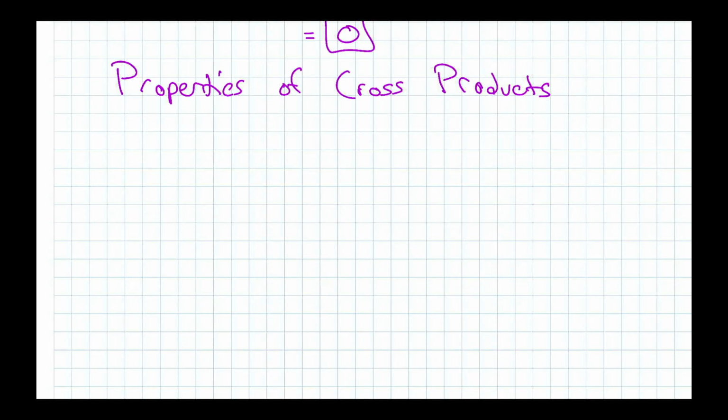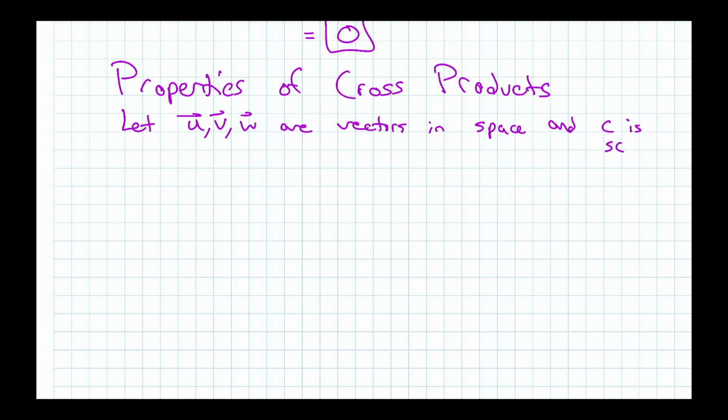U, V, W are vectors in space, so 3D, and C is a scalar, so a real number.